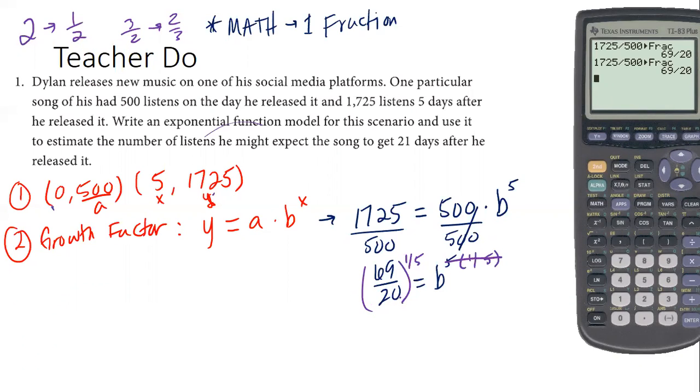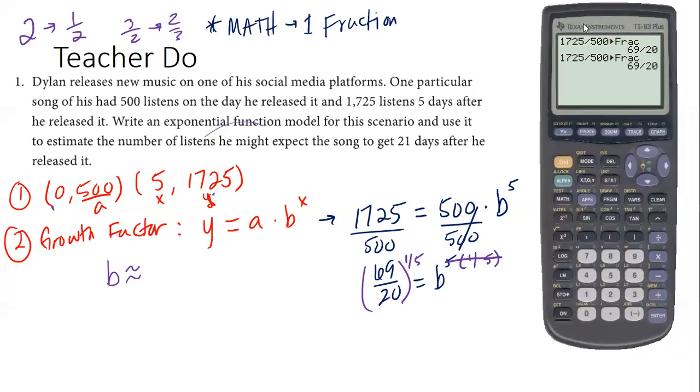In the calculator, you're going to put in 69 divided by 20 to the 1/5 power, and we find our growth factor. We do math one. My calculator is a little old school, so I have to use a bunch of parentheses. You can write it exactly how I write it, to the 1/5.